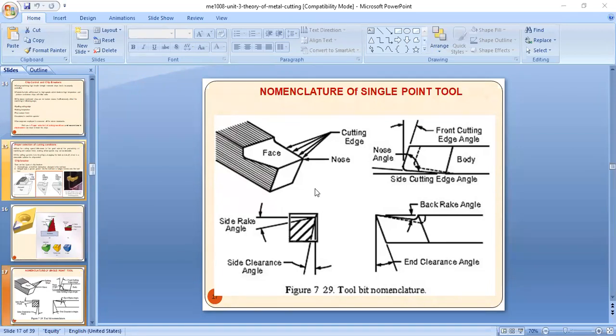It also reduces the cutting forces required to shear, to cut the metal, thereby increasing the tool life. Because whenever the cutting forces are low, naturally it increases the tool life, and it reduces the power consumption also. So that is the significance of rake angle.